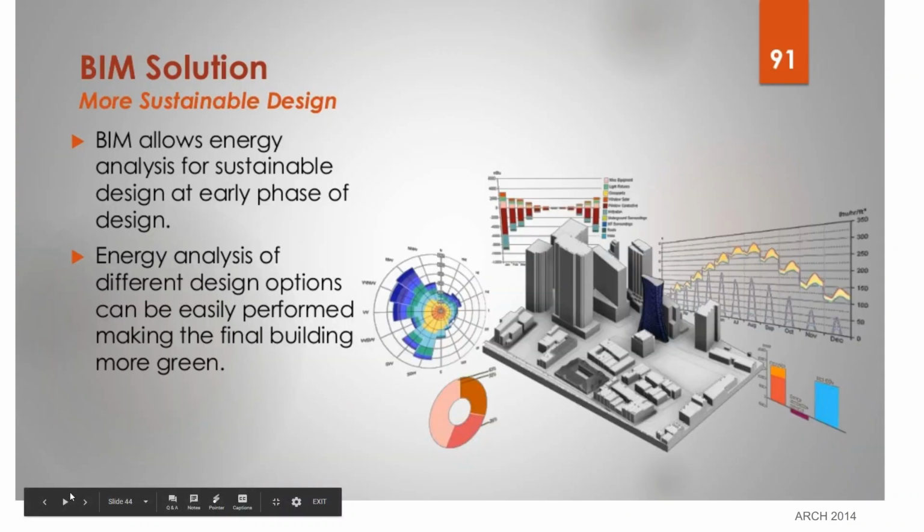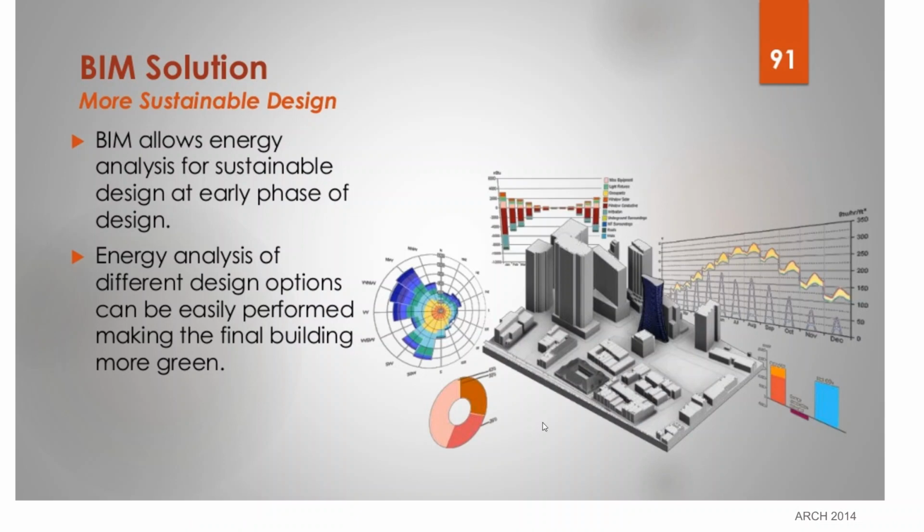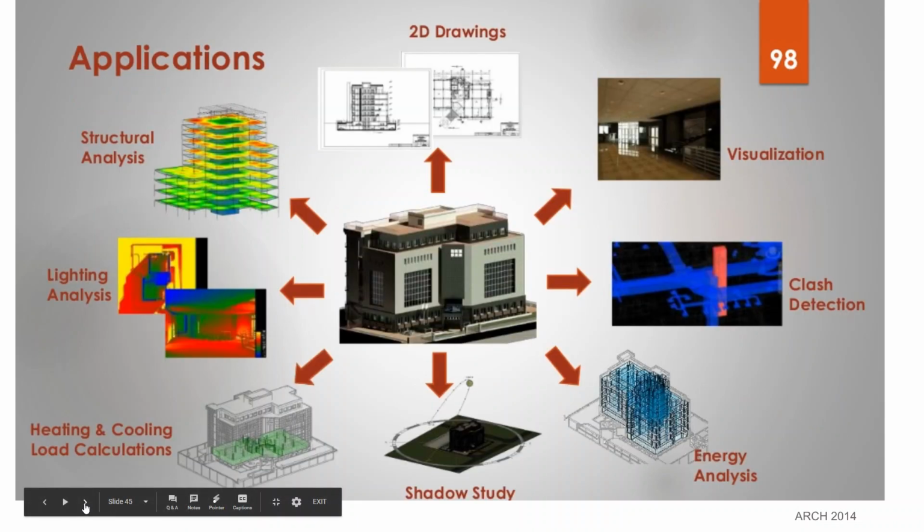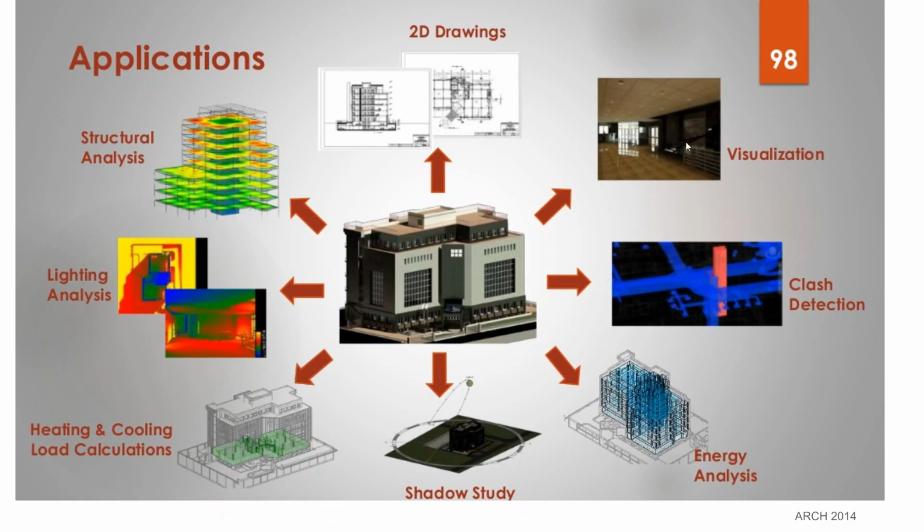So this is the promise of BIM. Energy analysis to make things more efficient, material analysis to build more sustainable and efficient architecture. Another visualization, the idea I've mentioned of clash detection, the ability to take the model and create high quality renderings to explain the vision of the architect and designer.